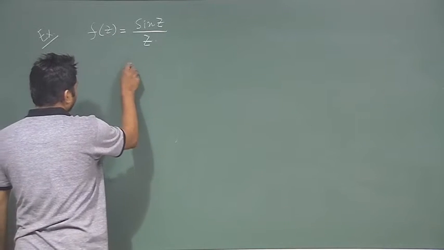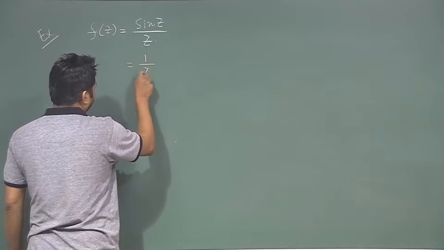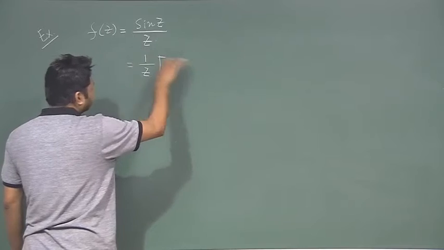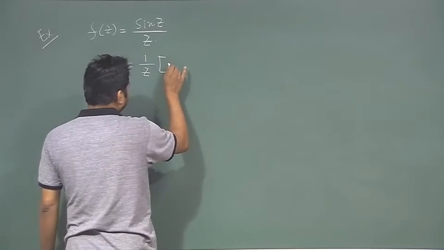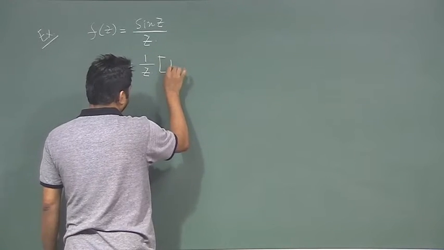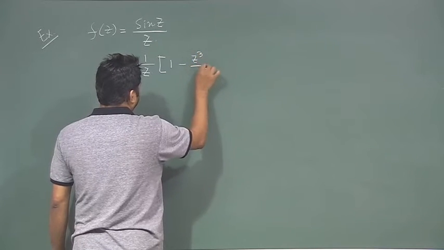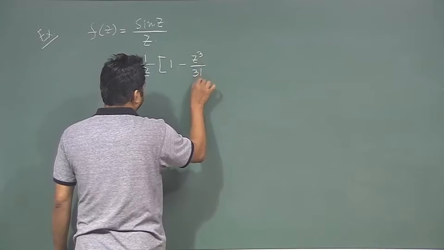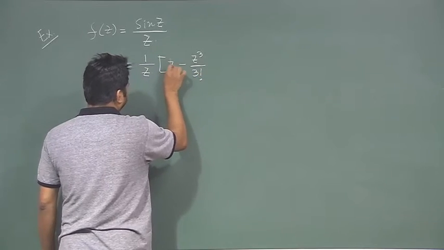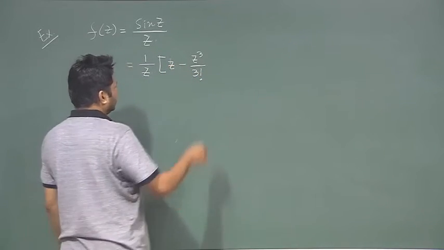If I now try to expand this function, 1 by z is okay, and sin z I can expand in terms of a series. The first term is z, not 1, since I already divided by z.